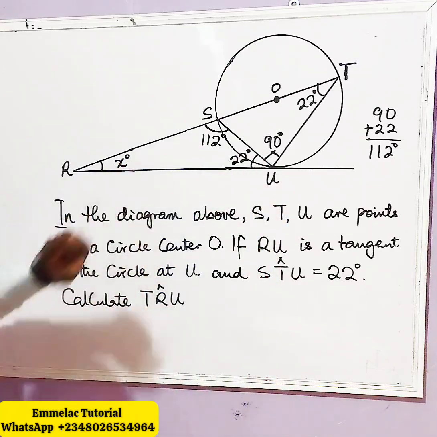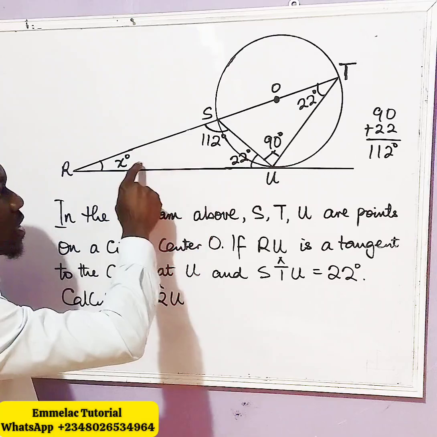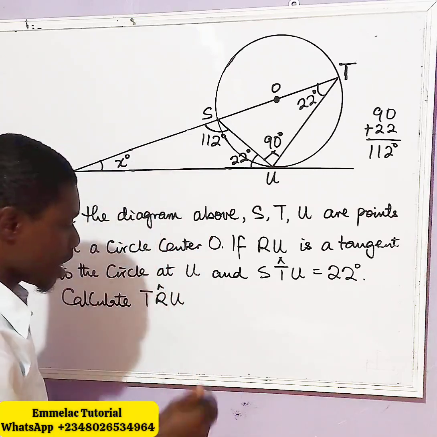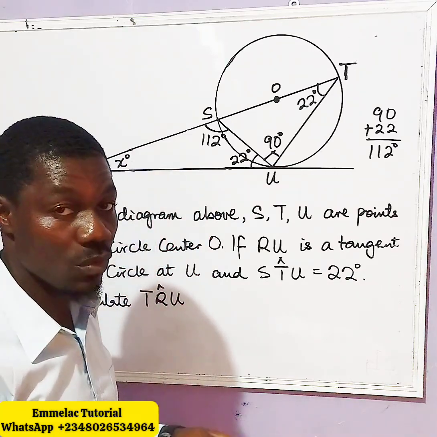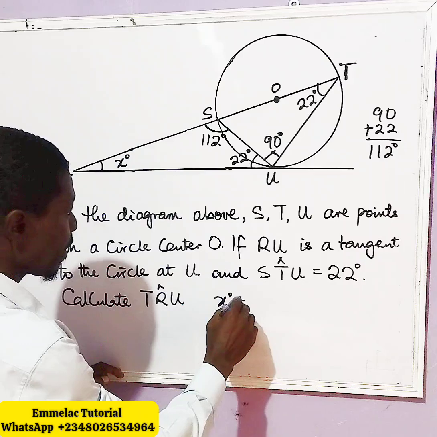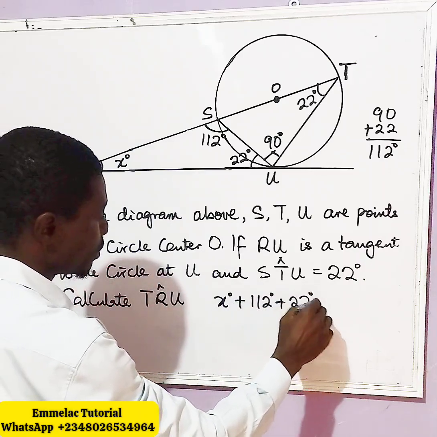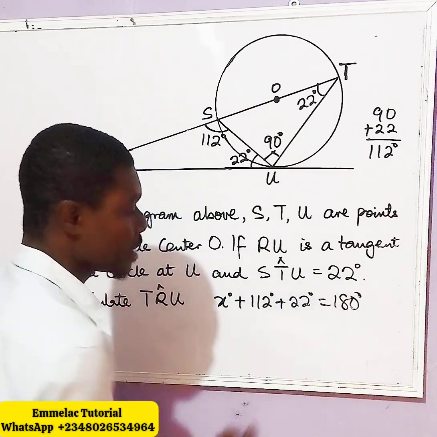From here, since we now know these two angles, we can find the third one. We know that the sum of angles in a triangle equals 180. So X plus 112 plus 22 degrees equals 180.